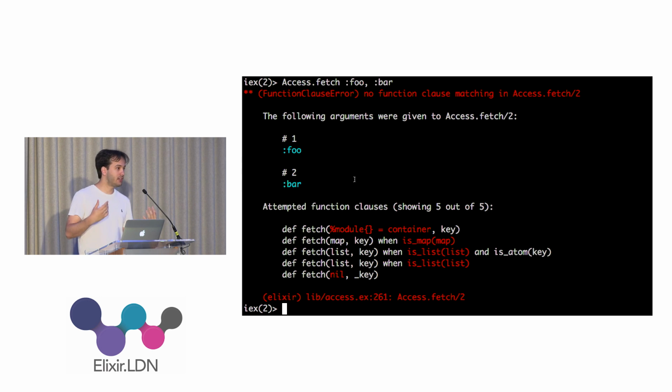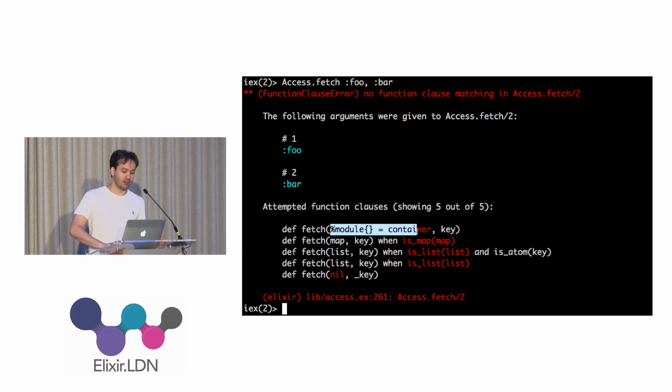And if you are on IEx, we show that with syntax highlighting. Then we also show what the clauses are, what the actual implementation of that function is, and we say exactly why that particular clause did not match. For example, the first argument is the atom foo, but the first clause is expecting a struct, so that's not going to match.